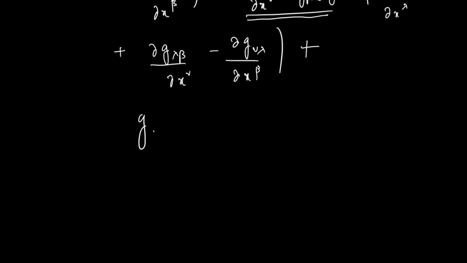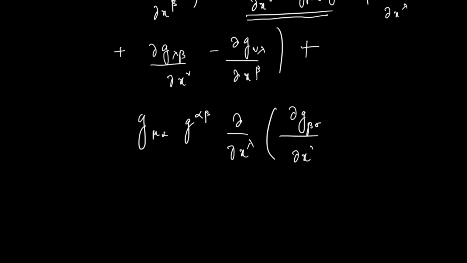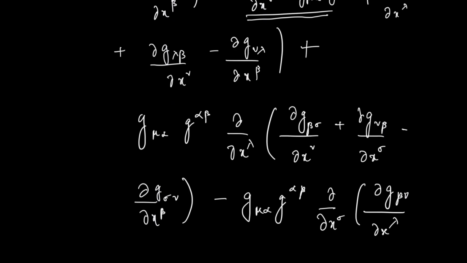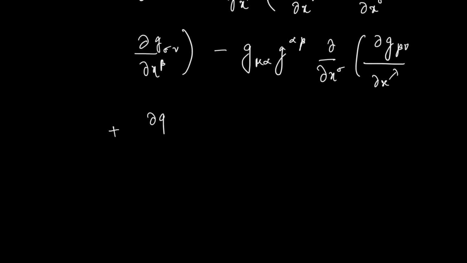So g mu alpha g alpha beta, then partial derivative with respect to x lambda of g beta sigma with respect to x nu plus g nu beta with respect to x sigma minus partial derivative with respect to x beta of g sigma nu, minus again the second term also, g alpha beta partial derivative with respect to x sigma of g beta nu with respect to x lambda plus g lambda beta with respect to x nu minus g nu lambda with respect to x beta, and the last term will be as it is.